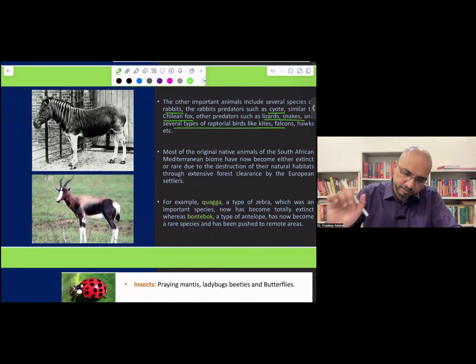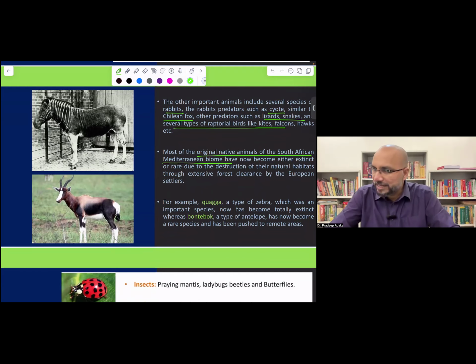common in this biome. Now, most of the original native animals of South American Mediterranean biome have now disappeared because of the game, right? Hunting is very common in Africa, right? Now, because of the habitat destruction and because of the hunting, both are responsible. So, conversion of land into agriculture or infrastructure.